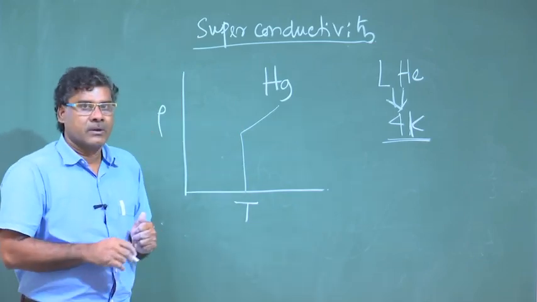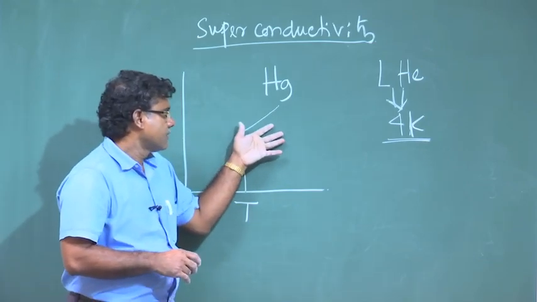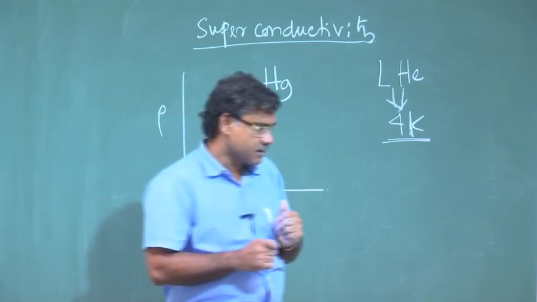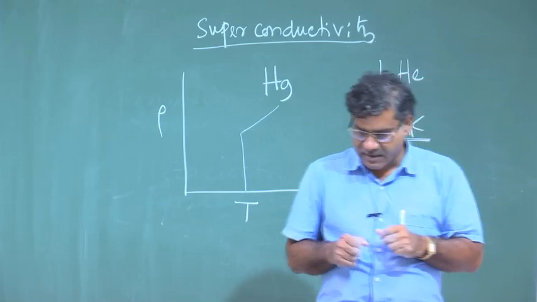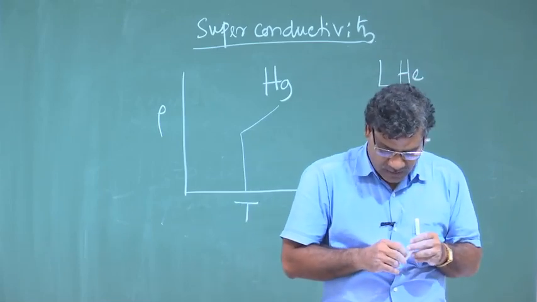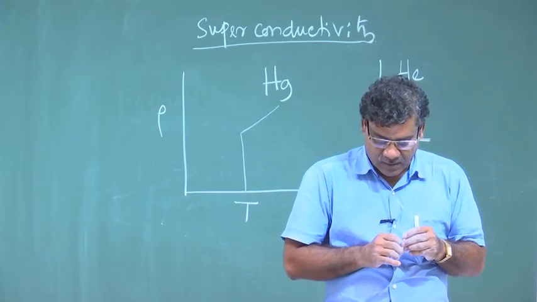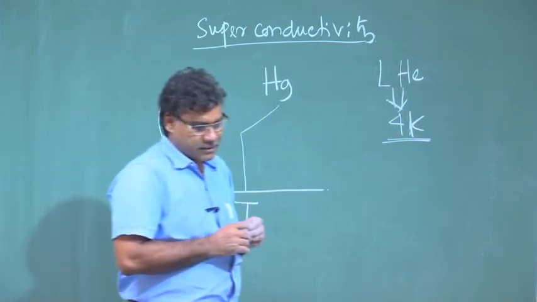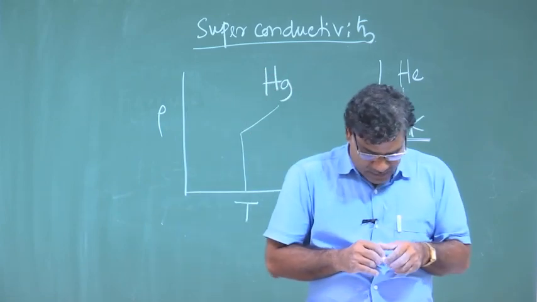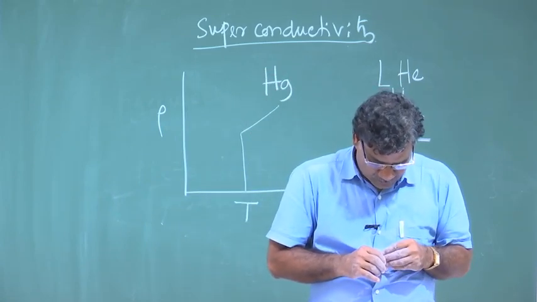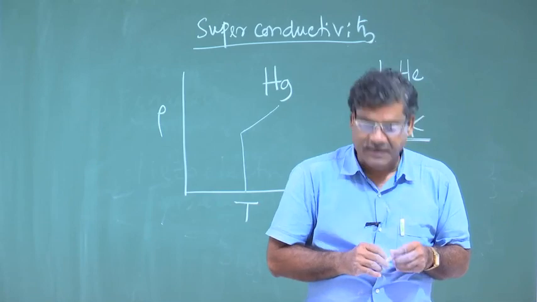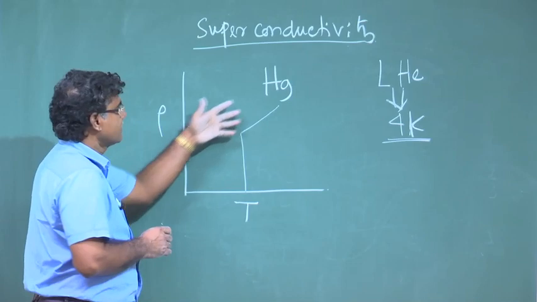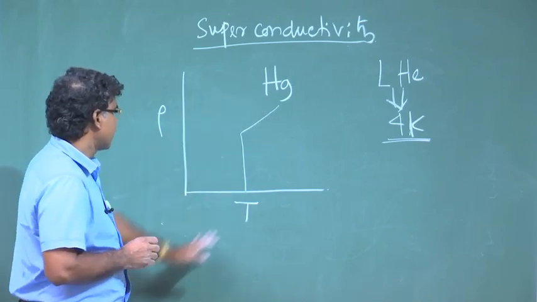Okay. This observation was first made by, what is the name, Kamerlingh Onnes, I think in 1911. Yes, Kamerlingh Onnes observed this type of behavior of resistivity as a function of temperature.